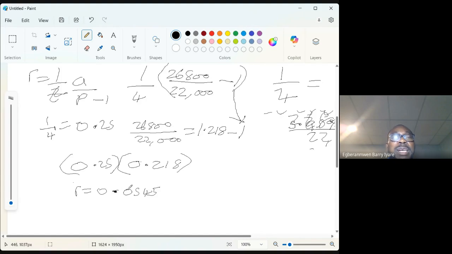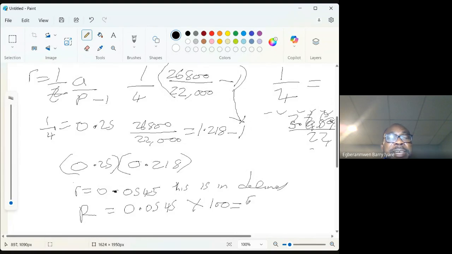And I said we need to convert it to percentage to get capital R. So to convert small r to capital R, you multiply by 100. That will give us percentage. So R, capital R, is equal to 0.0545 times 100. If you multiply it, you get 5.45%.